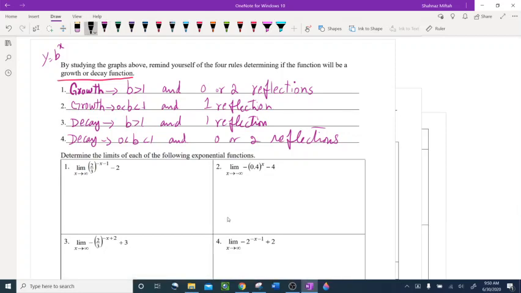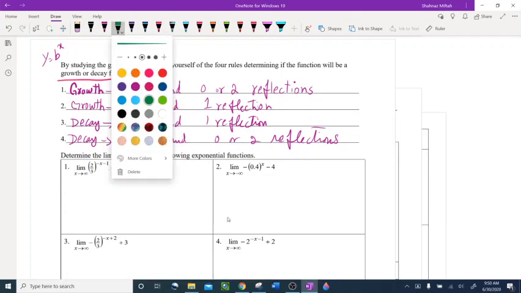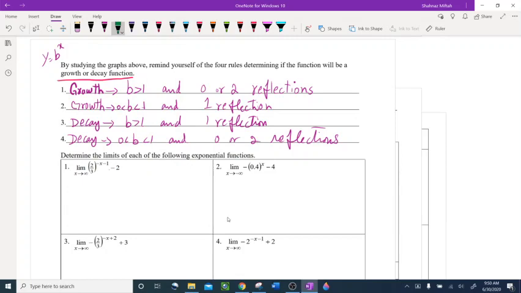The first one is, you know, this is -2, that's a horizontal asymptote. Okay, so I'm going to write that this is the horizontal asymptote, the -2, sorry. This is my b, the one we were talking about up here.